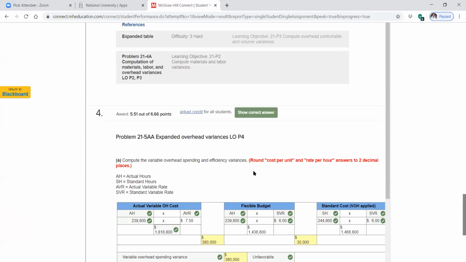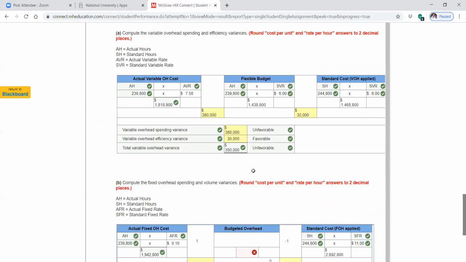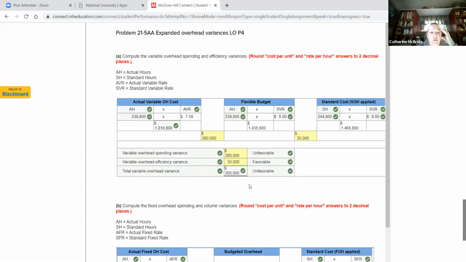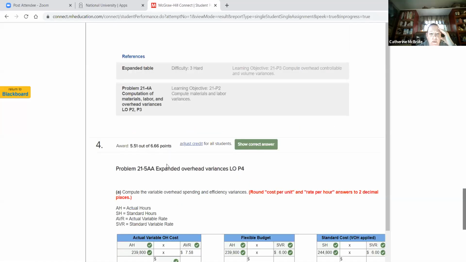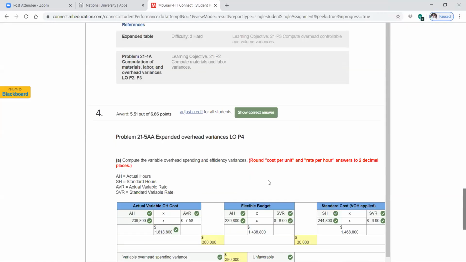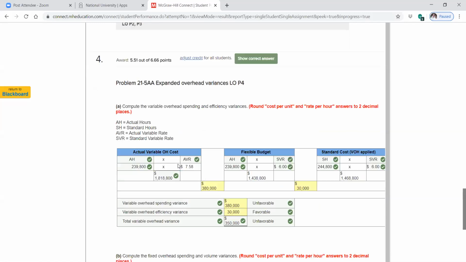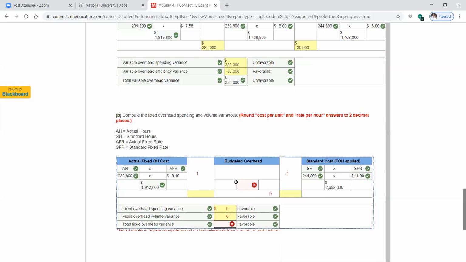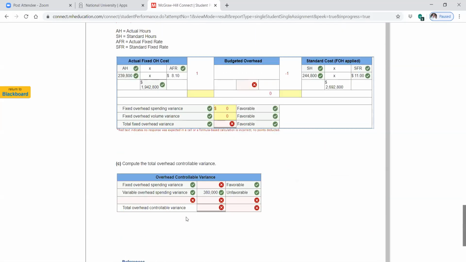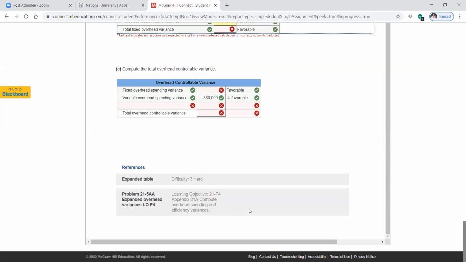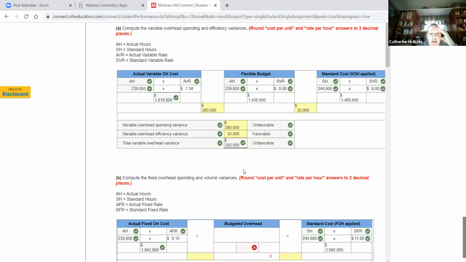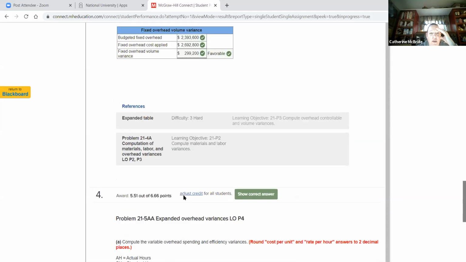Okay, so that's where I'm getting it, because I multiplied it. Are we using the data from before? Where's the data? Let me see. So budgeted overhead costs. The difficulty level is hard.